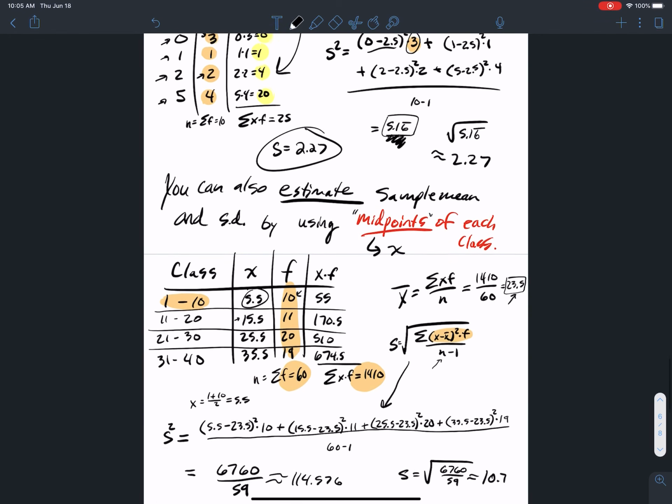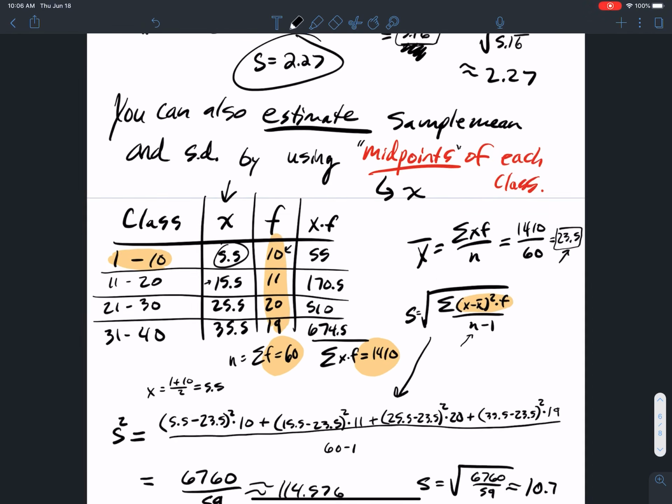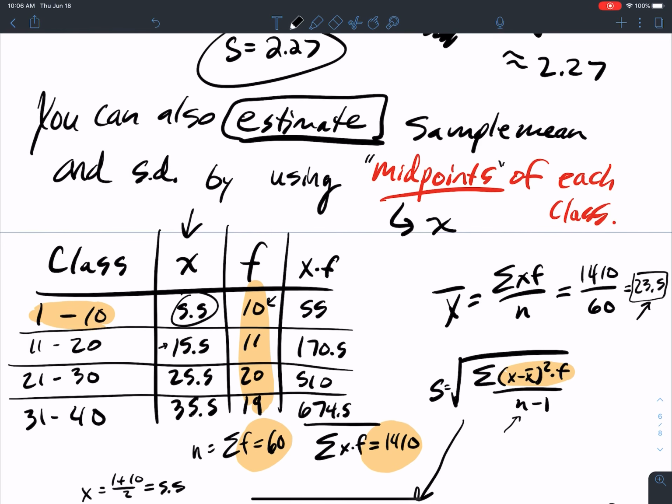Okay, and then this is one way to find the mean and the sample standard deviation. It's just an estimate, because we aren't given the values of the original data. We're just told that in the first class there's 10 data points that are between 1 and 10.